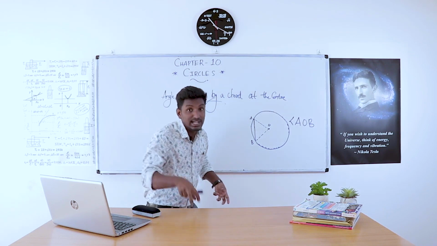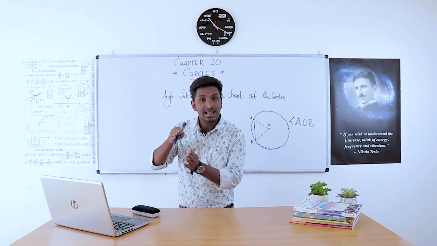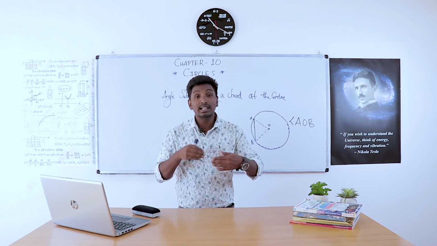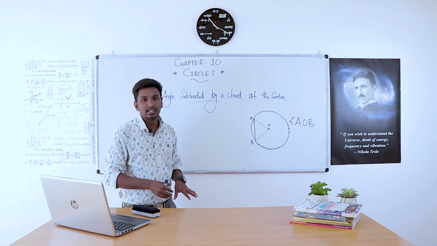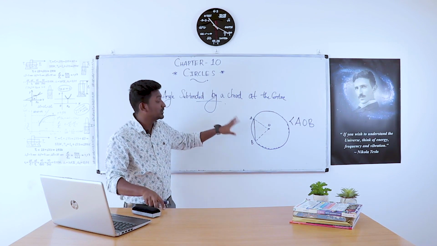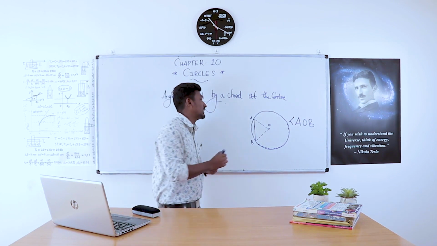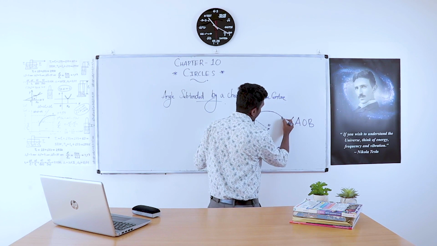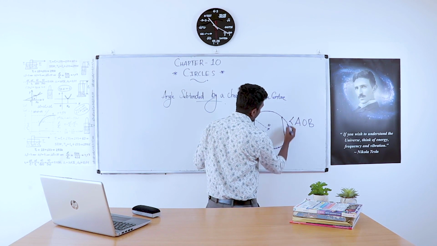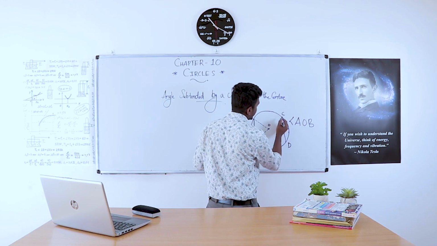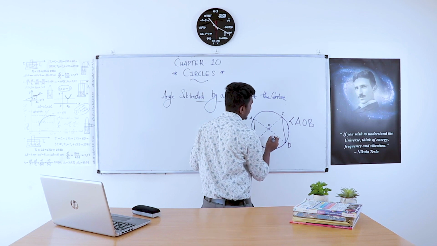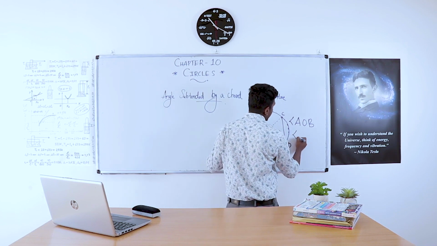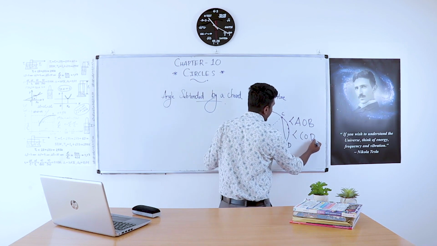By using that general statement, we can apply it to the related problems and thus find the accurate value. Clear? Now I am going to give the general statement. For that, I consider one more chord, that is CD. And this chord CD also makes an angle at the center, that is angle COD.